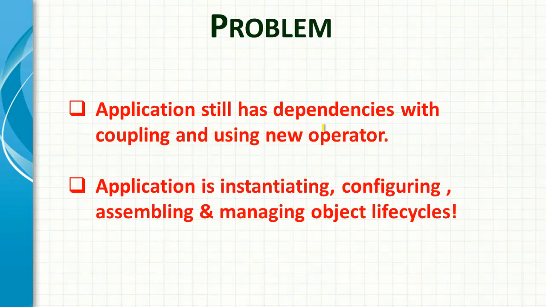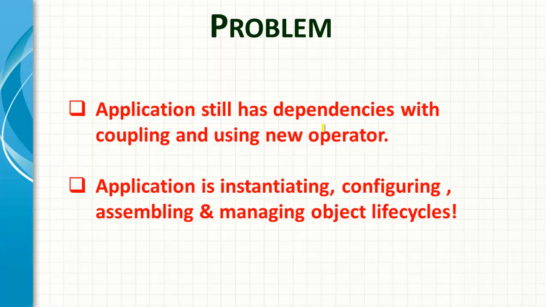Another important aspect is that the application is instantiating, configuring, assembling and managing the object lifecycle. When the object will be initialized, what type of data it will need, how I'll use it, and finally how I'll garbage collect it, how I'll destroy it, how I'll get rid of it, and the scope of the object, that is, to what part of the system it is available.